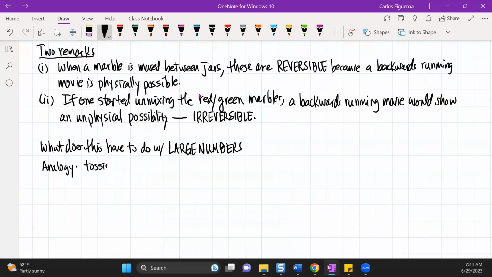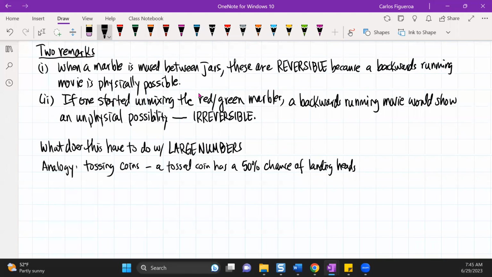We're going to be tossing coins. And we all know that if you toss coins, you have a 50-50 chance of getting heads or tails. So we can say that a tossed coin has a 50% chance of landing heads.